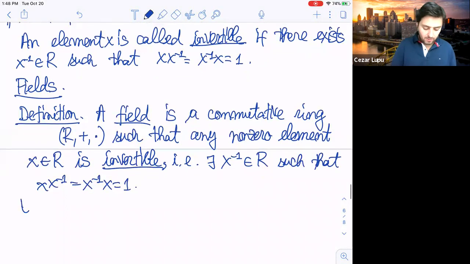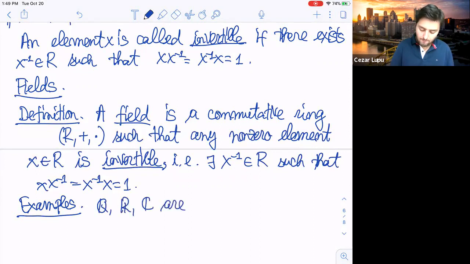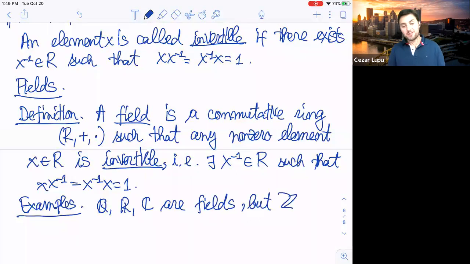And the examples here, let me give you some quick examples. Usually you learn about fields in Foundations of Algebra 2. For example, Q, R, C are fields. But, for example, the ring of integers is not a field.